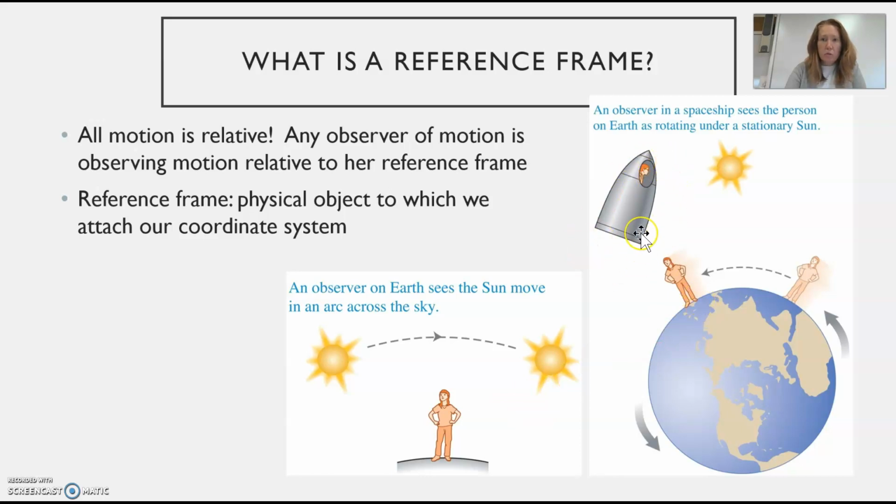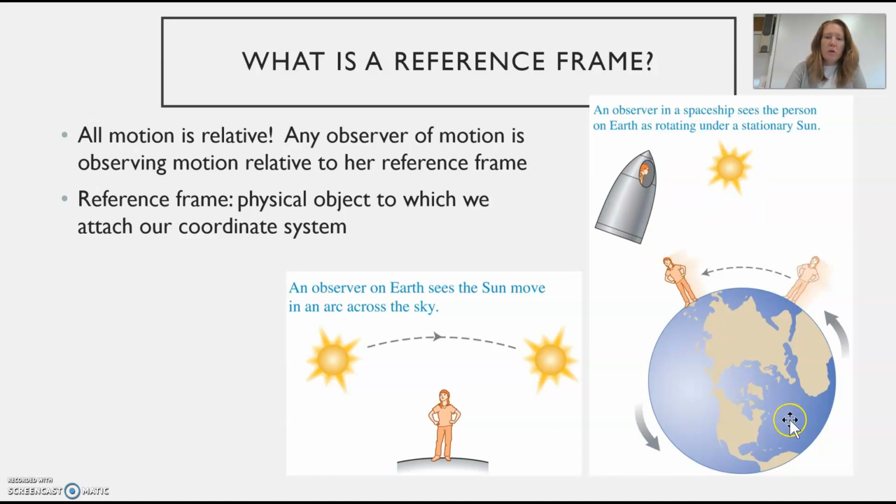If an observer was in a spaceship, then she would see the person on Earth rotate underneath her, whereas she might see the sun relatively holding still because of her position.